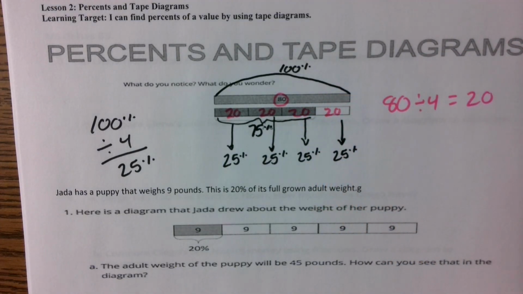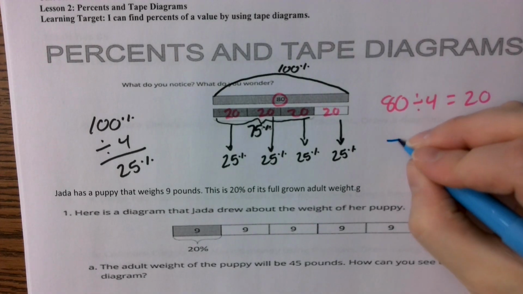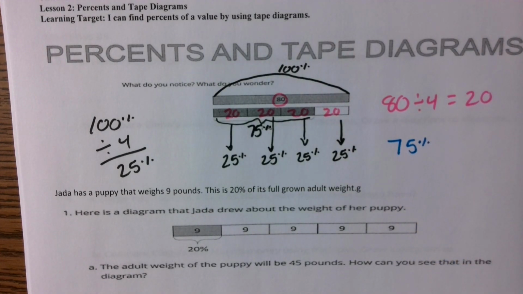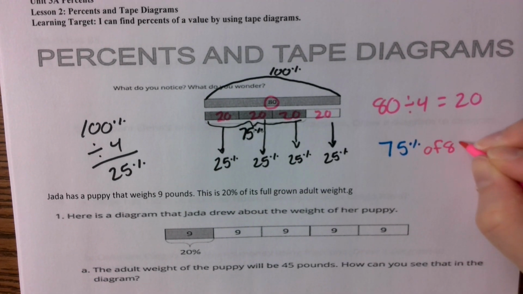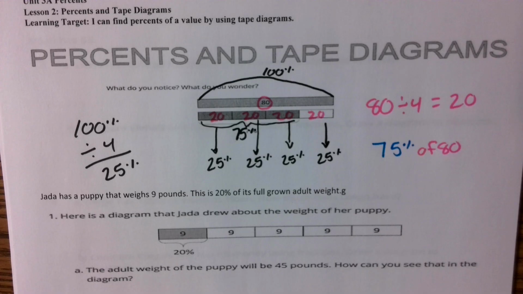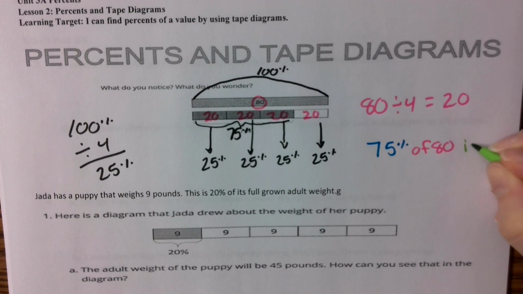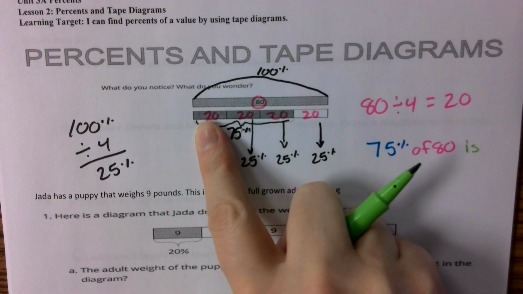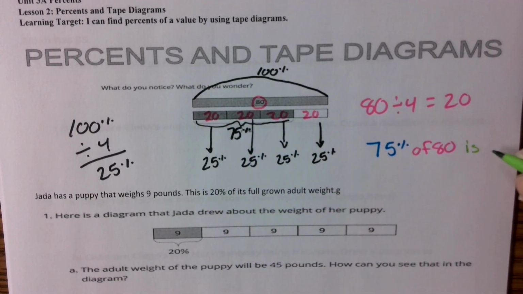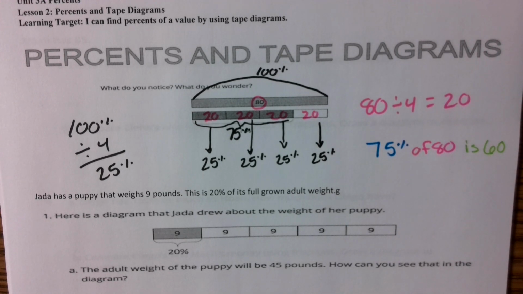So noting that, then we can easily say that if we're focusing on the 75% that was highlighted, of the 80 that we're representing here, 75% of 80 is going to be what? 60, right? Because if we take 20 plus 20 plus 20, that's going to equal 60. So there's different ways that we can use the tape diagram to infer about parts and wholes and percentages. Okay, so that's what we're going to be focusing on for today.